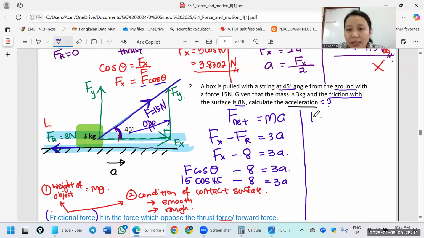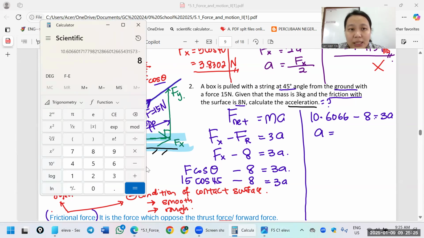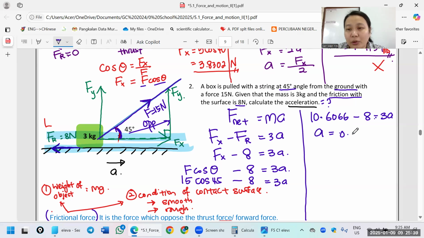So the answer is 10.6066 minus 8 equals 3a. So a will equal to minus 8, divided by 3. So 0.8689. 0.8689 meter per second per second.